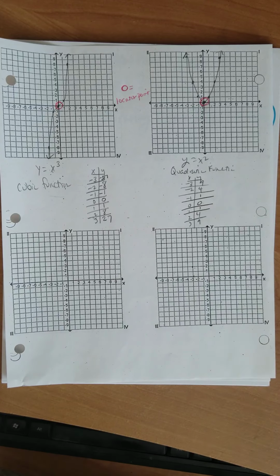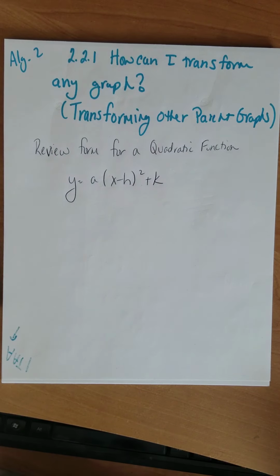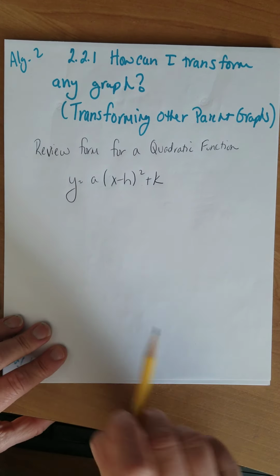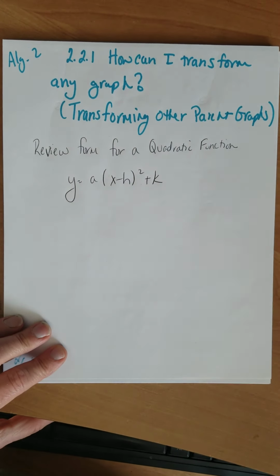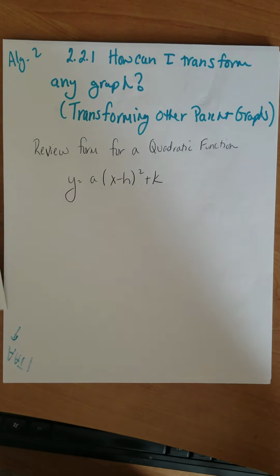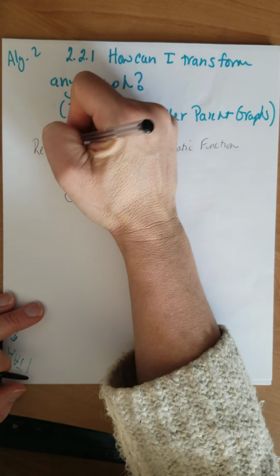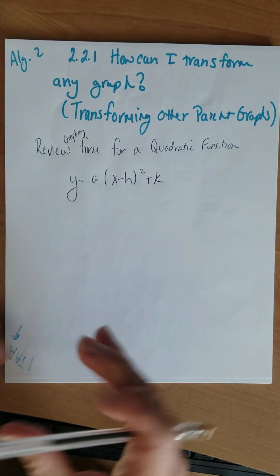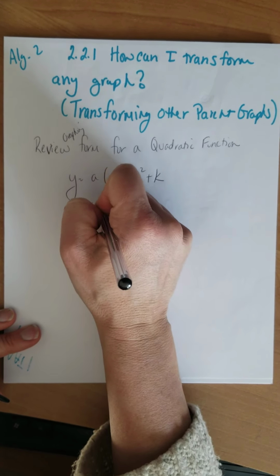In this one, I am going to list what the a, the h, and the k do, and then I'll have graphing form. This should be graphing form for a quadratic. If a is less than 0, this is a reflection over the x-axis.